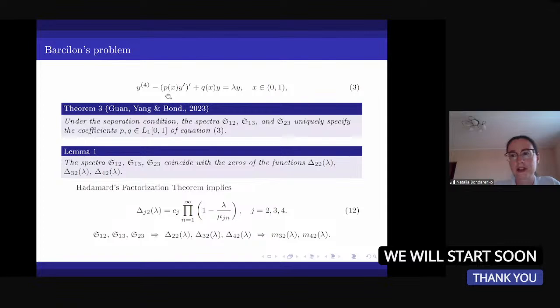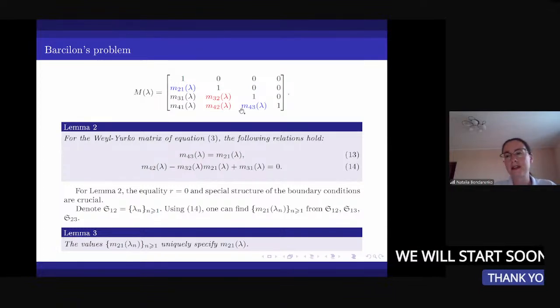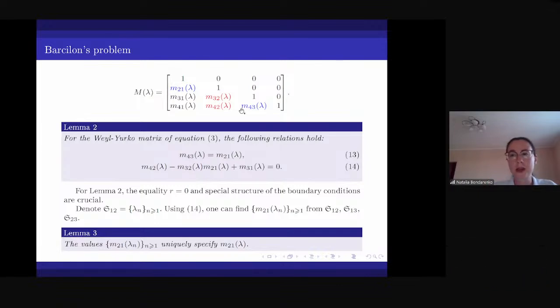And also the structure of the boundary conditions is chosen in such a way that we get some symmetries in the matrix. In particular, these two blue elements coincide with each other. So actually, we need to prove the uniqueness for at least one of them. And also we obtain such a useful relation 14.